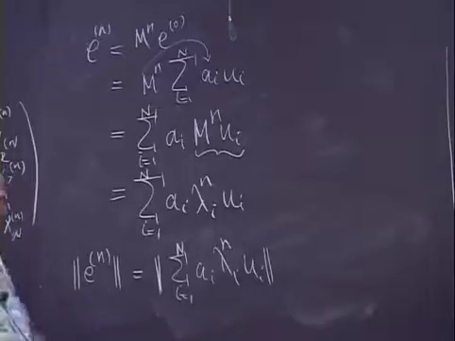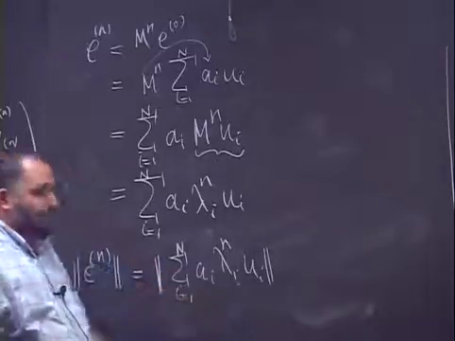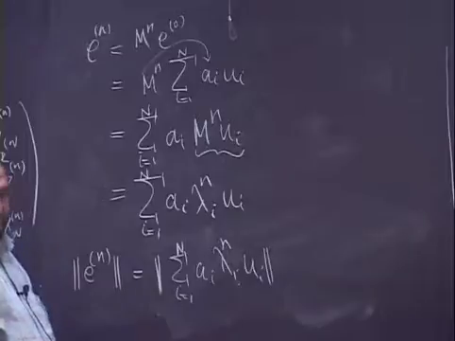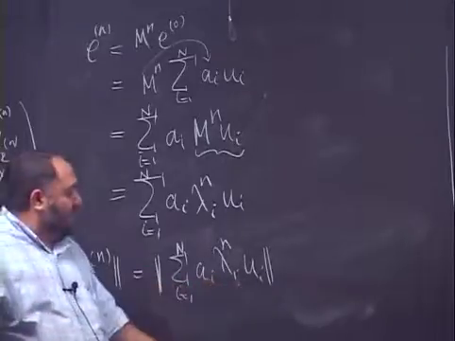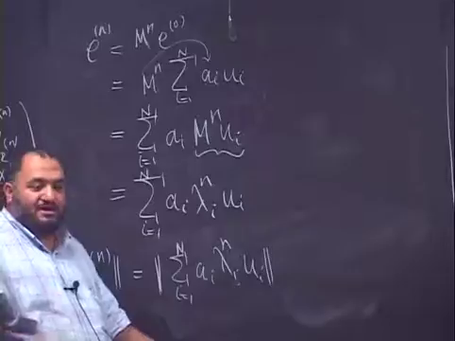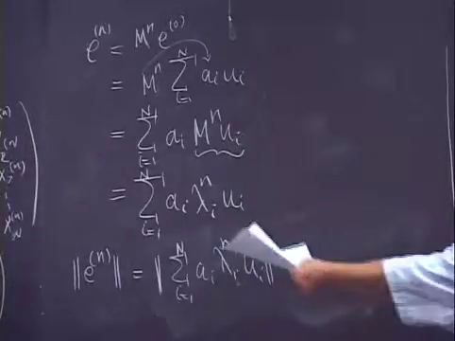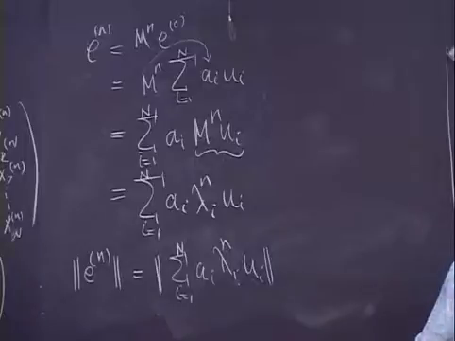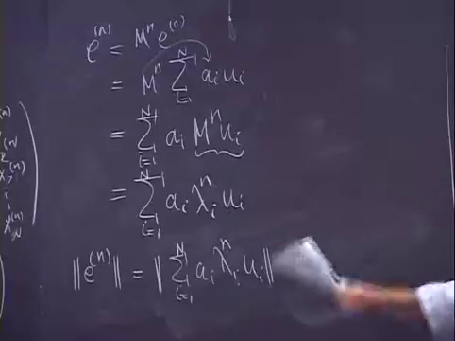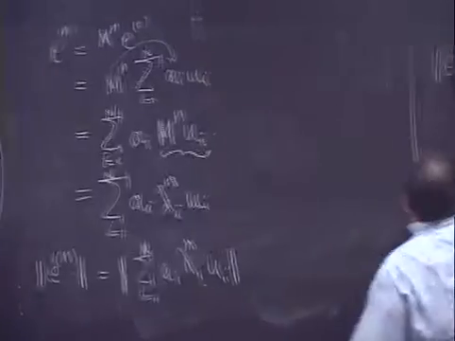Now, this is lambda i to the power of n, yes? If we pick lambda i to be lambda maximum, what will happen? What needs to be changed here? If I say I'm looking for the maximum lambda, how will I change my equation here?